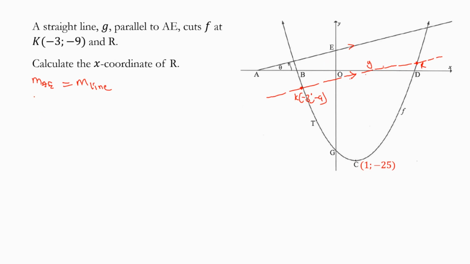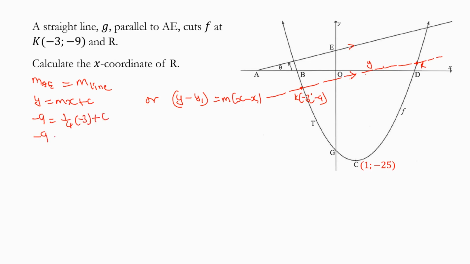So we can use y is equal to mx plus c, or we can even use y minus y1 equals m, the gradient, times x minus x1. We'll use both. Let's start with y is equal to mx plus c. We substitute our coordinates for K and our gradient. So -9 is equal to 1/4 times -3 plus c.